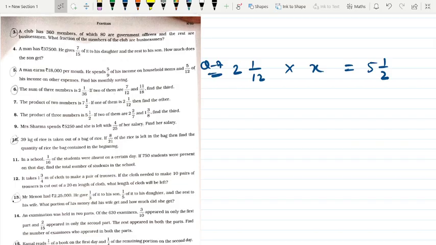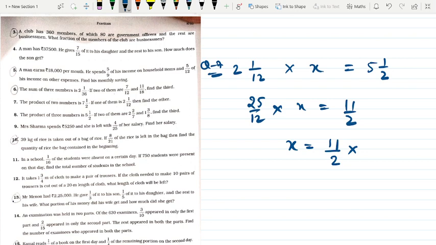So here we need to find out the value of x. So we can write 12 2s are 24 plus 1, 25/12 multiplied by x is equal to 5 2s are 10, 11/2. The value of x will become, here just understand, because here is a multiply sign and here the fraction, when it comes to the right side we will take the reciprocal of the fraction.